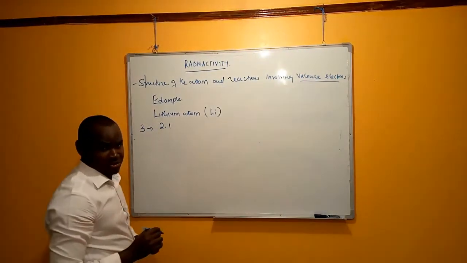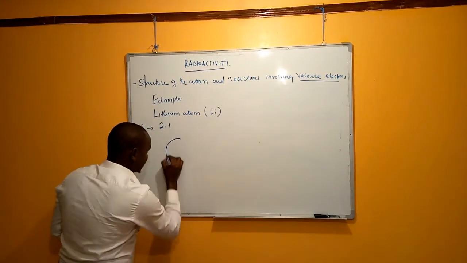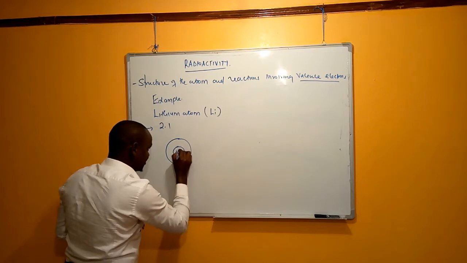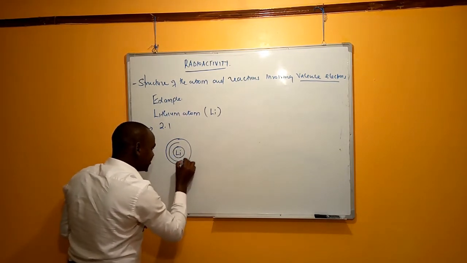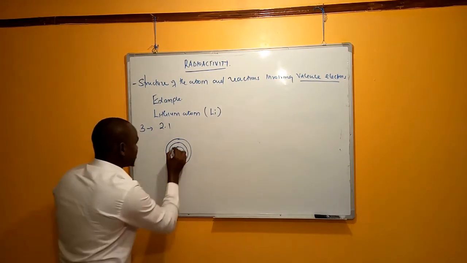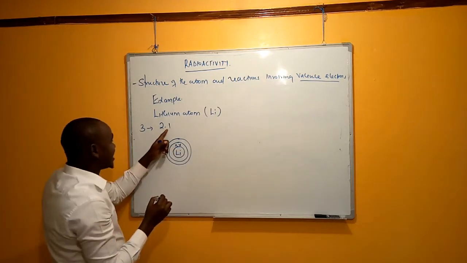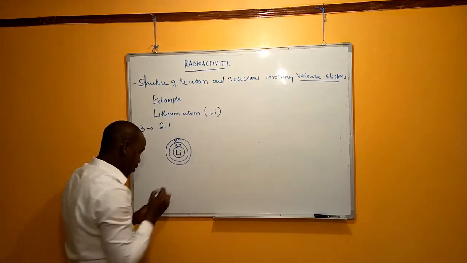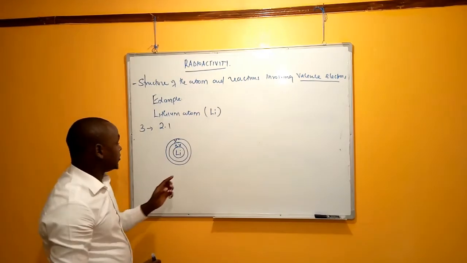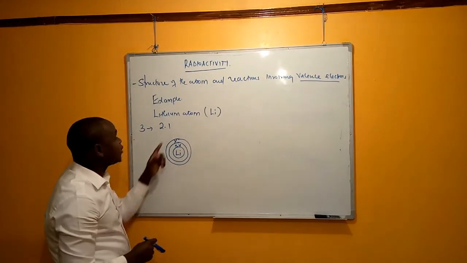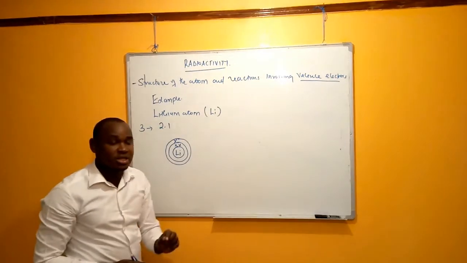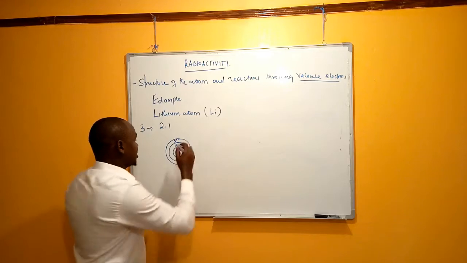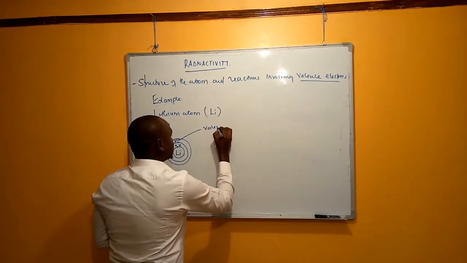If I was to draw this structure, I would show the nucleus, then the first energy level occupied by 2 electrons, and the second and last energy level occupied by 1 electron. The 1 electron in the outermost energy level is what is called a valence electron.